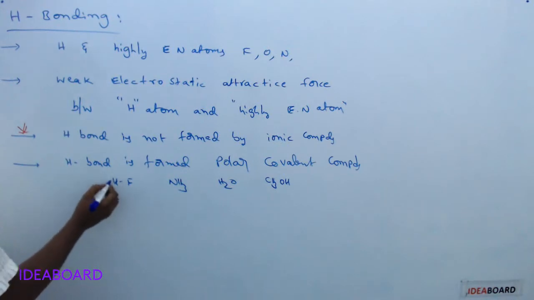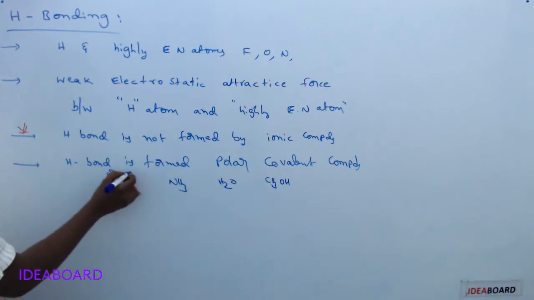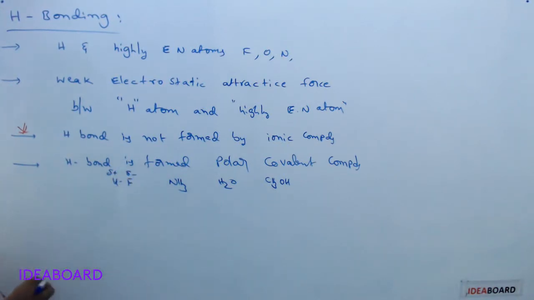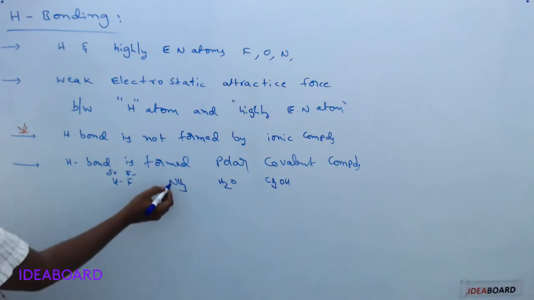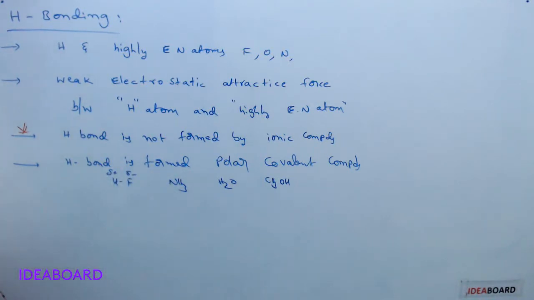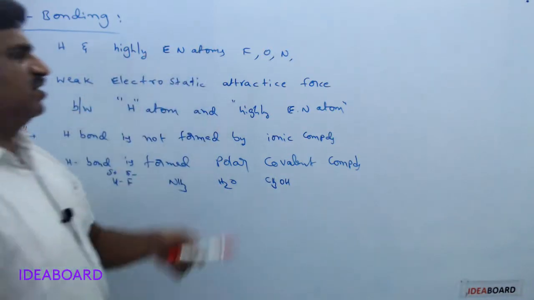Here it is a polar bond: hydrogen is positive and F is negative. Similarly, nitrogen and hydrogen: nitrogen is more electronegative. So, hydrogen and a highly electronegative atom.